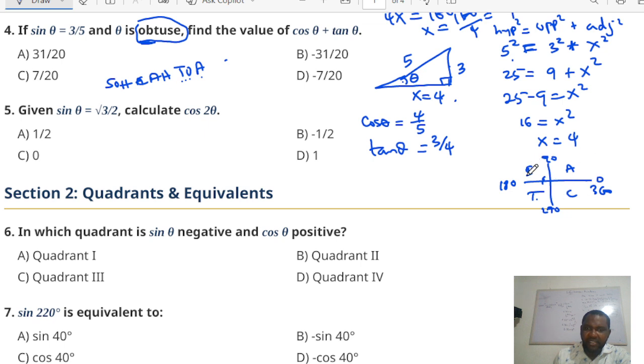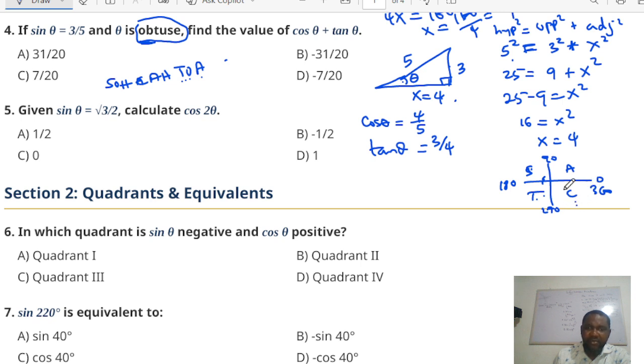The reason for this symbol is to let you know that any angle in the first quadrant, all of them are positive. But in the second quadrant, only sine is positive. In the third quadrant, only tangent is positive. And in the fourth quadrant, only cosine is positive.